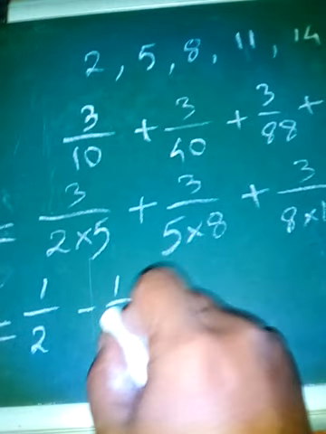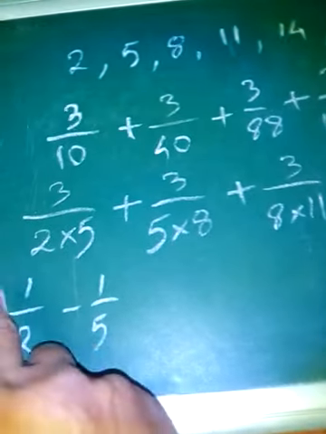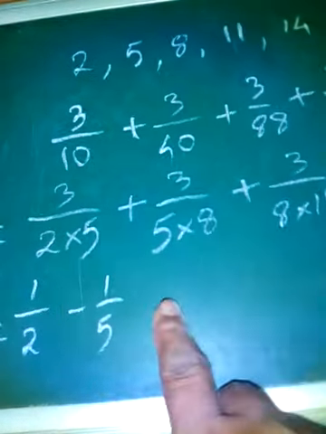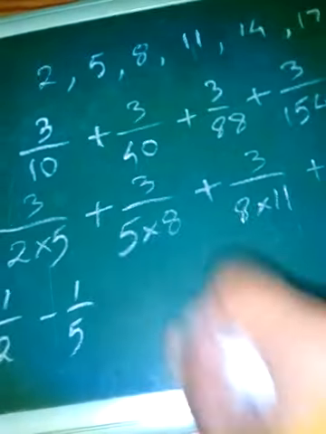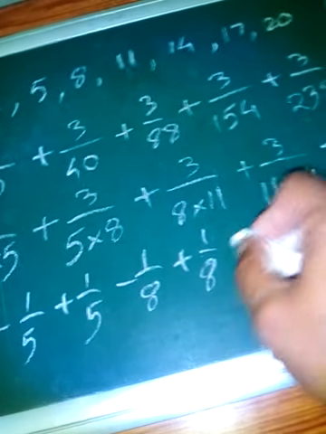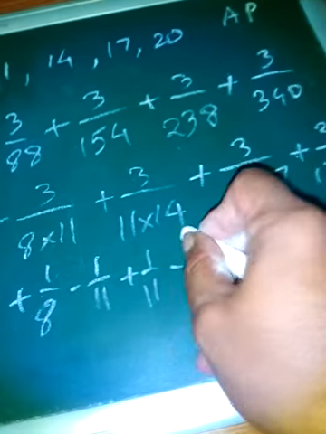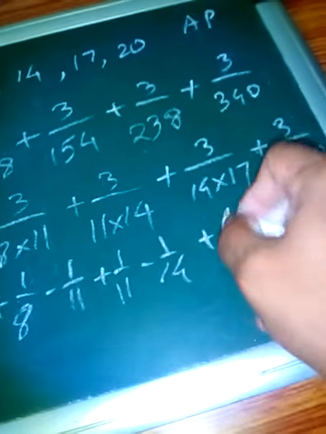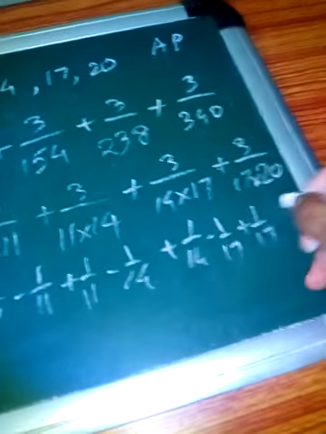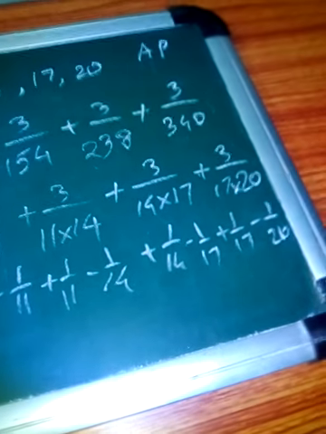So we can write it as 1 upon 2 minus 1 upon 5. See, this 5 minus 2 is 3, that is numerator, and 2 into 5 is denominator. So plus 1 upon 5 minus 1 upon 8 plus 1 upon 8 minus 1 upon 11 plus 1 upon 11 minus 1 upon 14 plus 1 upon 14 minus 1 upon 17 plus 1 upon 17 minus 1 upon 20.